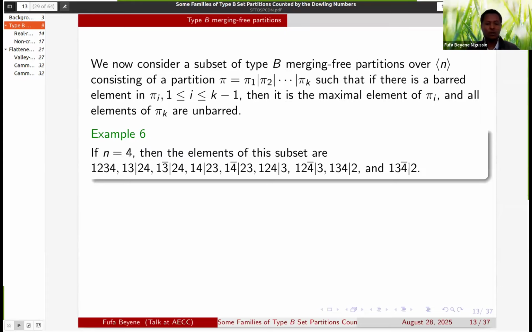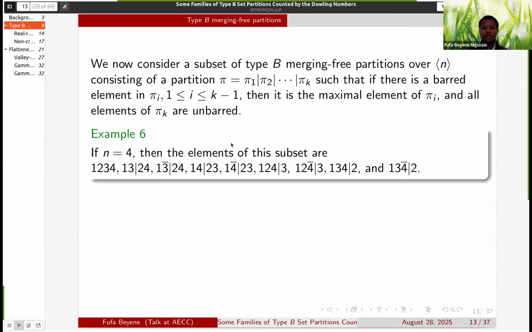Out of those 24, we have just 9 of them here with this condition. So you can see here, if there is a barred element, it is just the maximal element of the corresponding block. But always, the last block has elements that are unbarred.